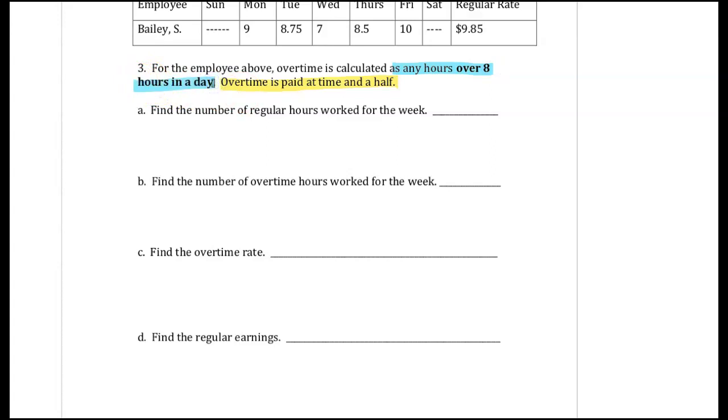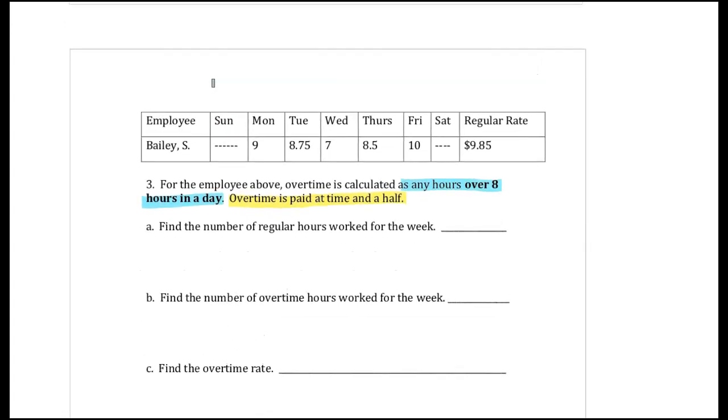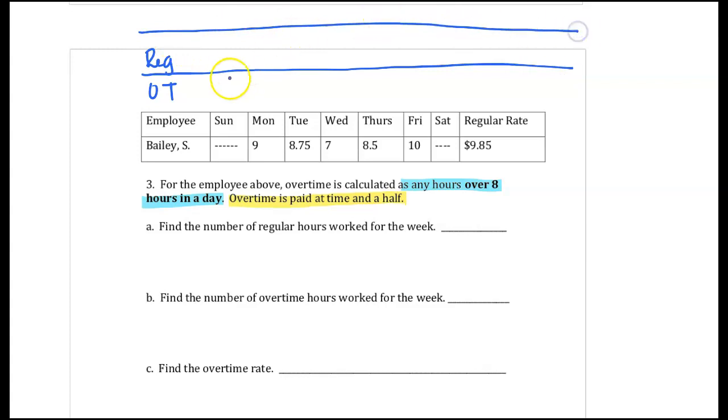So in order for us to calculate our regular hours and our overtime hours, we're going to have to look at each day individually. To do this, I like to make a chart. So here's my regular hours and here's my overtime hours. I'm going to work on that right here above the calendar that they gave us.